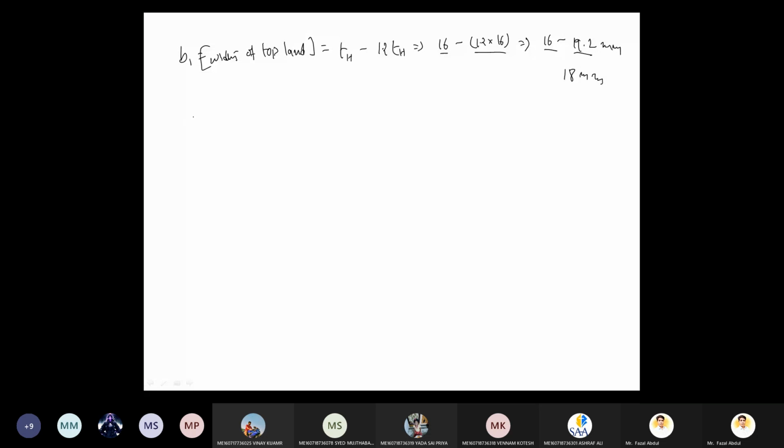And B2. B2 is the distance between the grooves, meaning the bottom land.